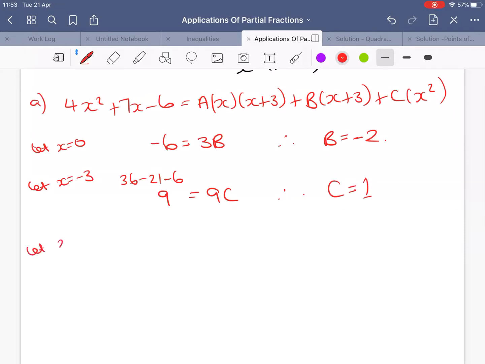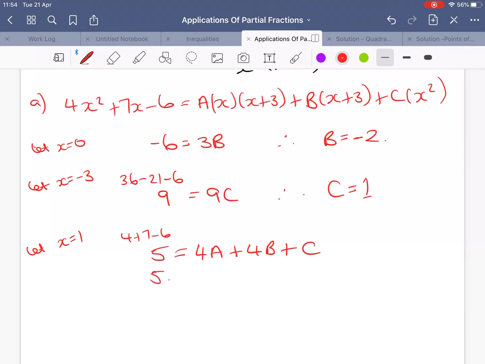And the final one, I'm going to use a nice easy number, let x equal 1. So I've got 4 plus 7 minus 6. So 5 is equal to, right, a, I've got 1 times 4, so I've got 4a for my a term. For the b, I've got 1 plus 4, so again I've just got 4b, plus, with the c term I've got 1 squared, so I've got c.